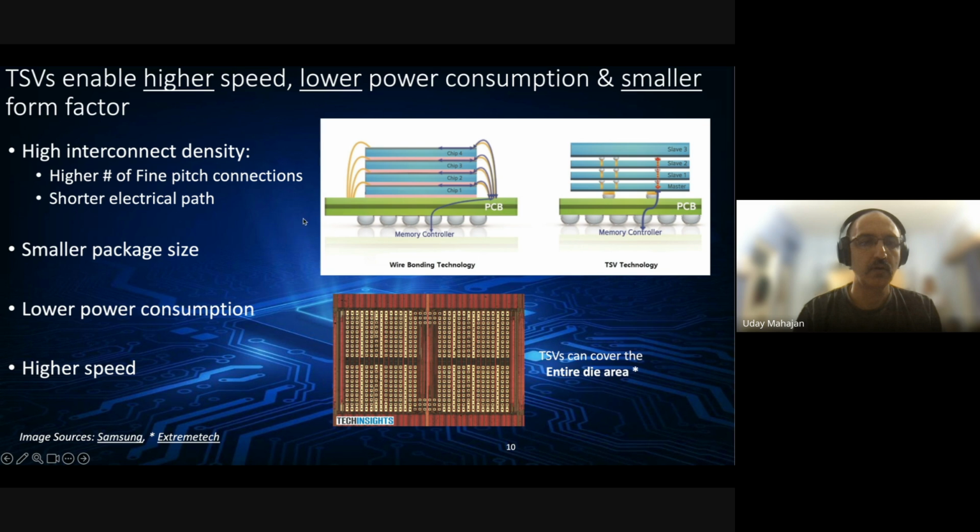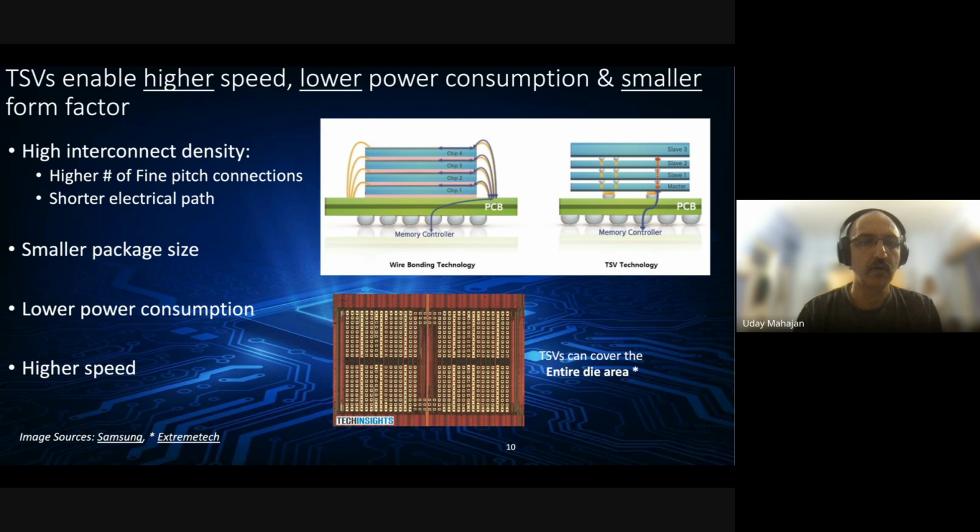So here, with the wire bonding, you can see that the connections can be only from the edge of the die. So that inherently limits how many connections you can have. For through silicon vias, which are drilled through the entire silicon, that limitation is relaxed considerably. You can have thousands and thousands of connections.